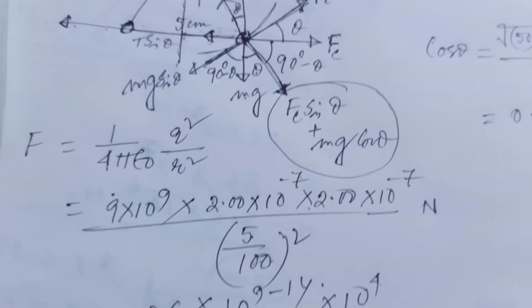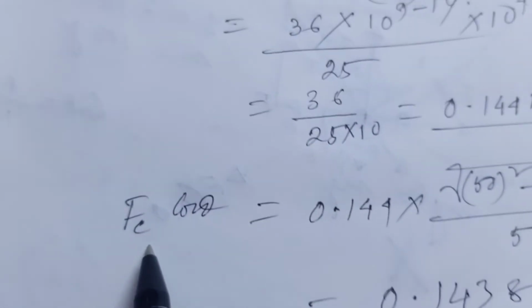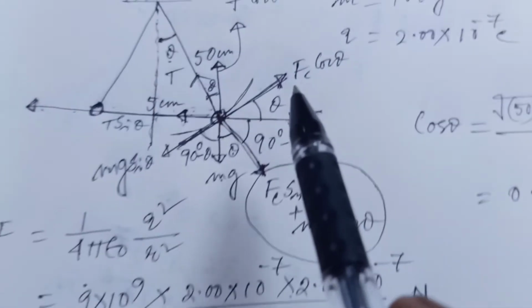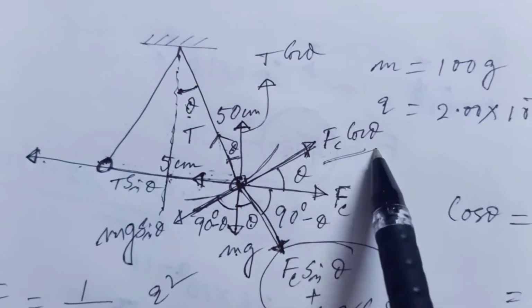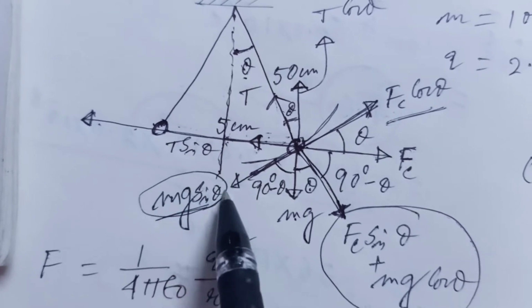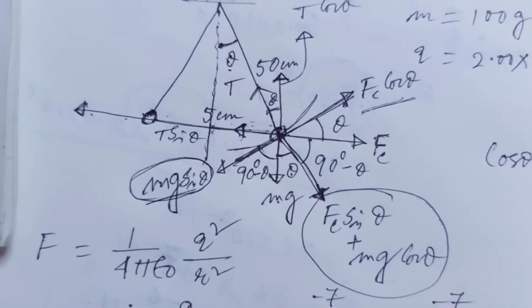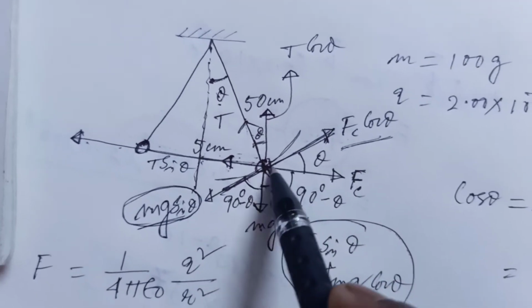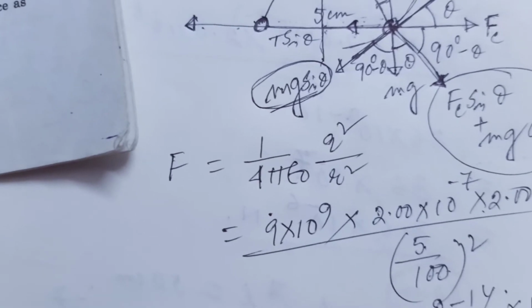Check it. Yes, this is Fc cos theta, but for the resultant force along that direction you have to also account for mg sin theta. Then you get the force along that particular direction. And also you have to calculate mg sin theta.